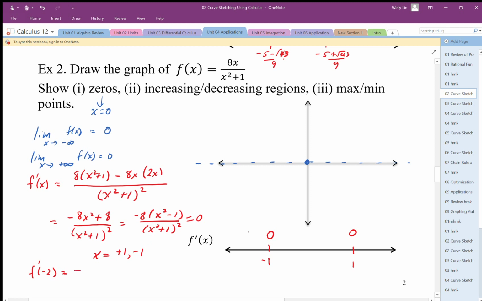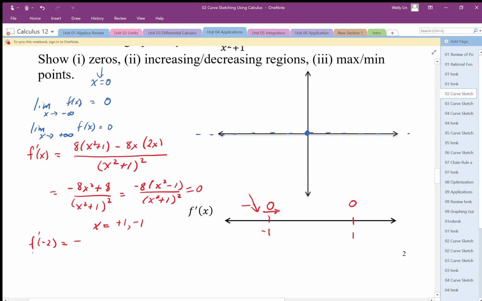So I know that this is a decreasing region. Okay, I've got zero slope here. And then what's going to happen in between 1 and -1? Well, I can test. I'm going to find the f prime at 0. And if I plug in 0 into this equation, I get -1 times negative is positive. Okay, and I kind of was expecting that to change from negative to positive.